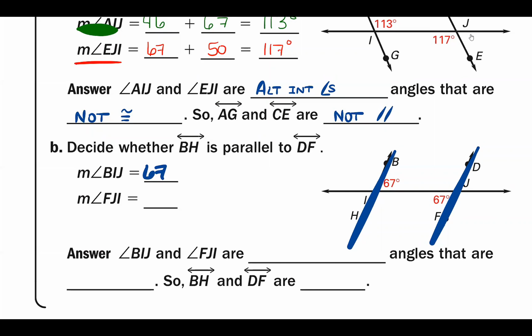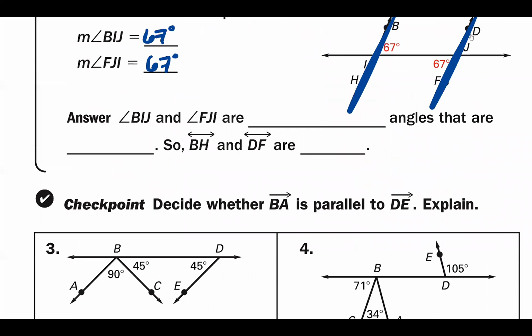What's the angle measure of FJI? 67. Are those two angles congruent? Yes, they is. So because those alternate interior angles are congruent, my lines are parallel.